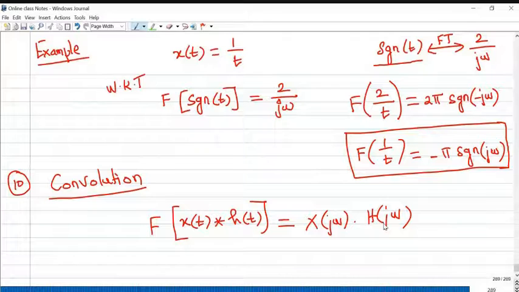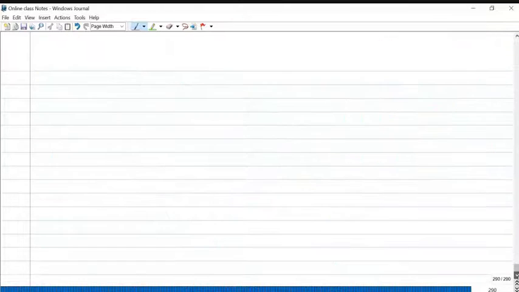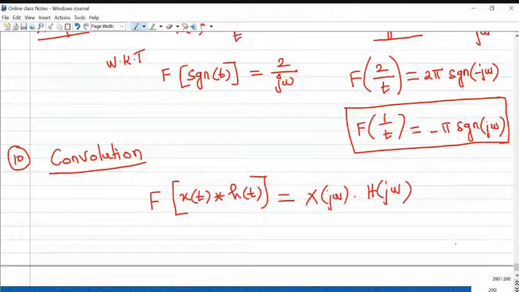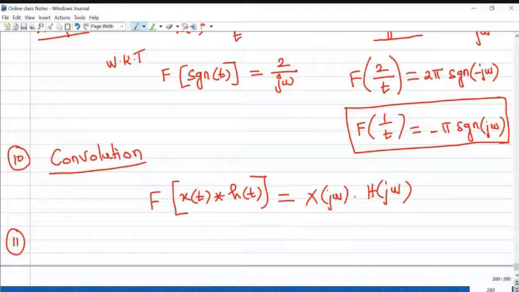If you find the Fourier transform, the result is equal to the multiplication of their individual Fourier transforms. So this is called the convolution property. Similarly, we have the multiplication property.